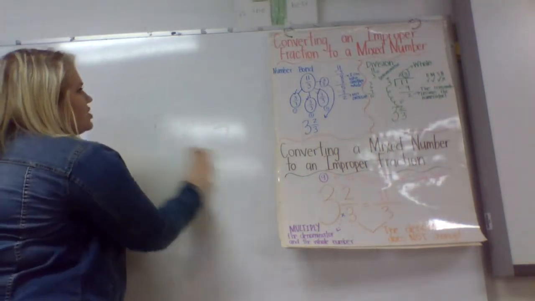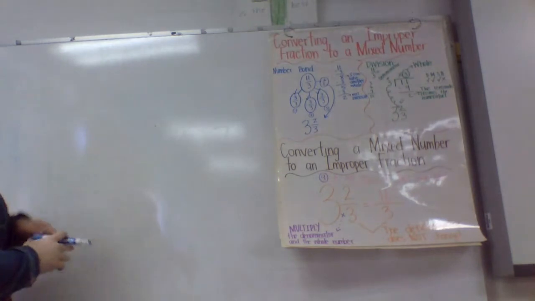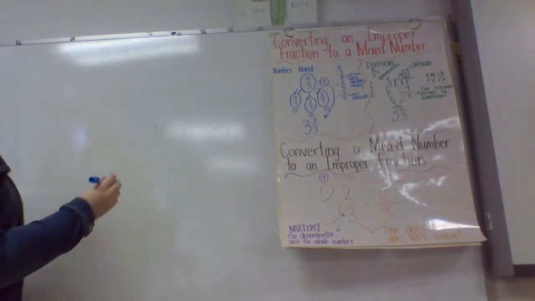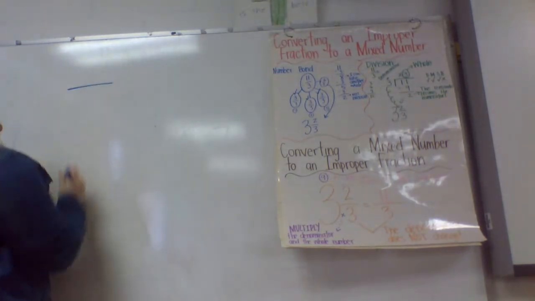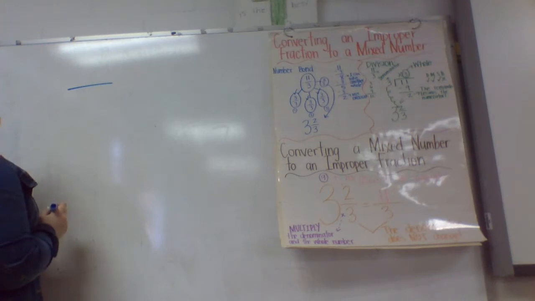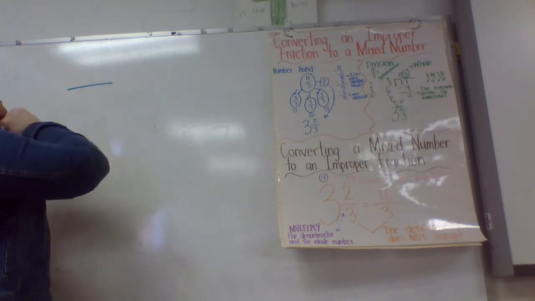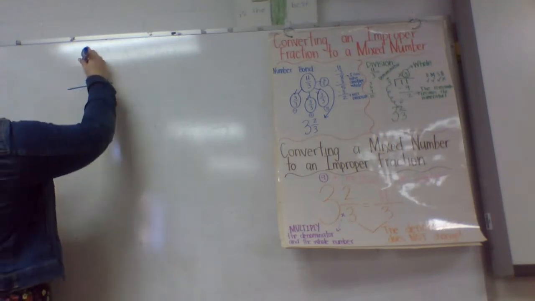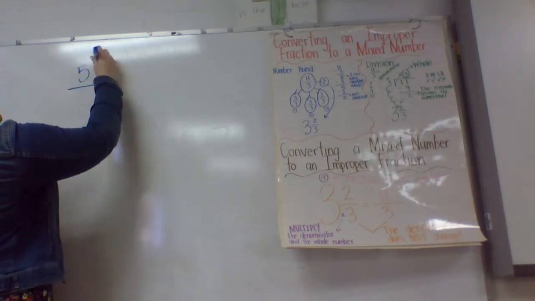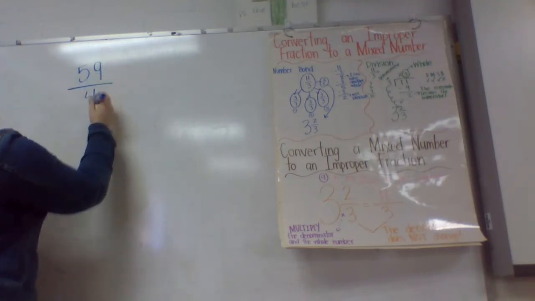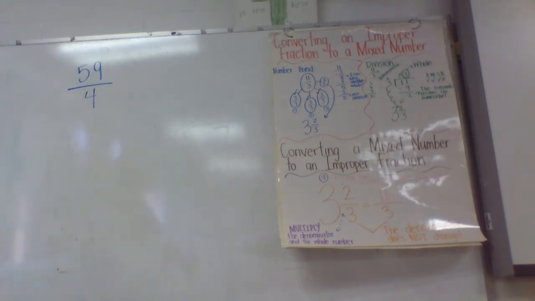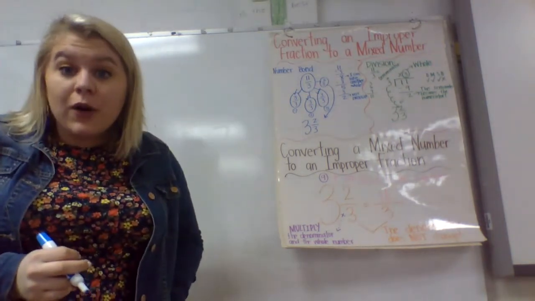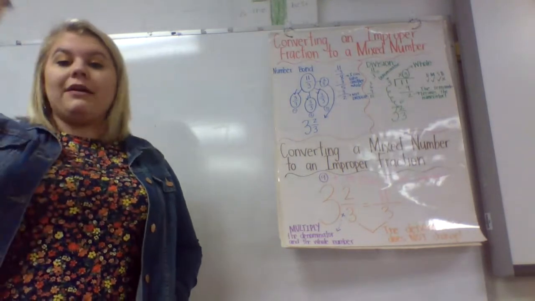Now, if I want to go from an improper fraction to a mixed number, and the improper fraction I have is 59/4, I could number bond that, but it would take forever to pull 4 out at a time.